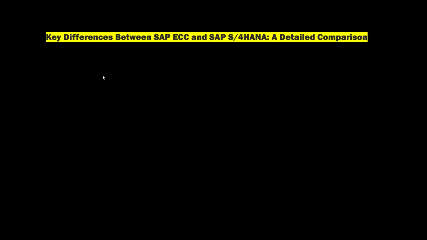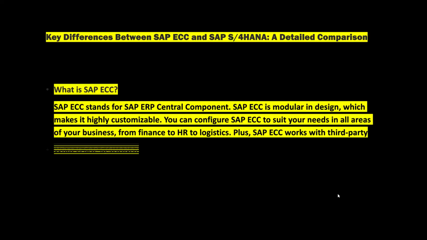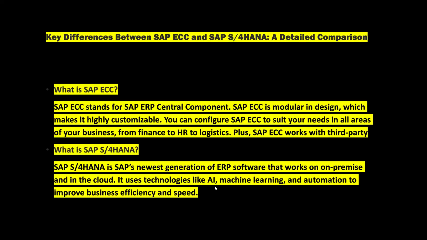Now, today we're going to be looking at the key difference between SAP ECC and SAP S/4HANA. And I'm also going to be giving you the opportunity to see the different screens. So let's start by defining what an SAP ECC means. SAP ECC stands for SAP ERP Central Component.